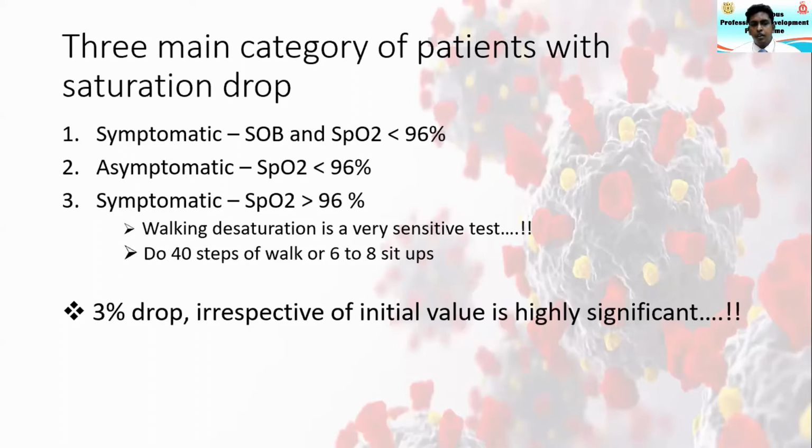This 3% drop is very important irrespective of the initial value. For example, you check this morning and the value at rest is 99. Two days after, your value is 96. So this 3% drop warrants that something is going on with this patient.